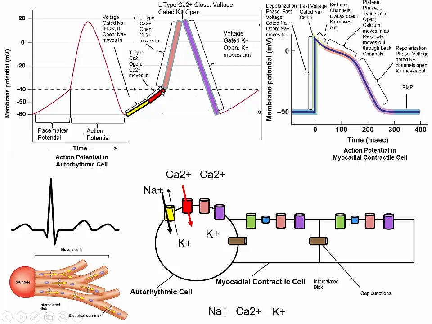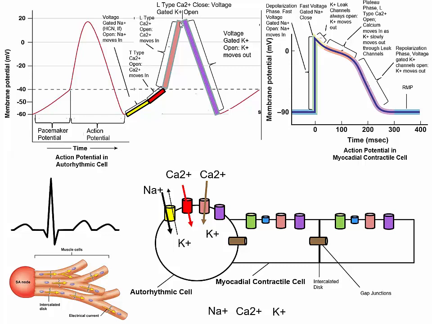What opens up at minus 40 millivolts is an L-type calcium channel. And calcium, again, moves in down its electrochemical gradient. Well, as this calcium moves in, it quickly depolarizes all the way up to near positive 20 millivolts, at which time the L-type calcium channel slams shut. Now we call this L-type for long-lasting because it opens up longer than the T-type calcium channel.